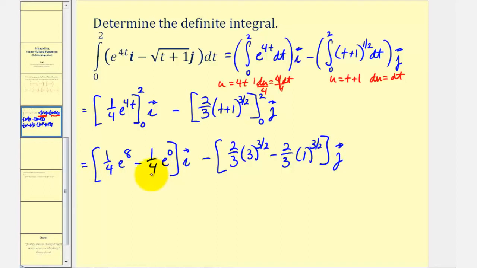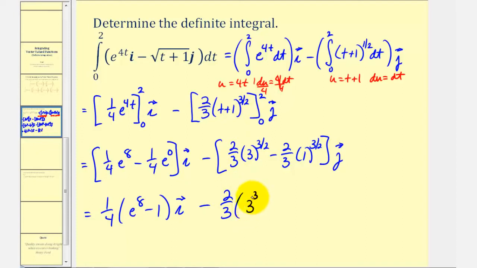Let's go ahead and factor out 1/4 here. e to the 0 is equal to 1, so we'll have 1/4 times e to the 8th minus 1 times i, and then minus, here we'll factor out 2/3, leaving us with 3 to the 3/2 minus 1 times j.